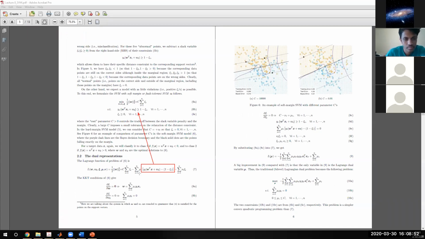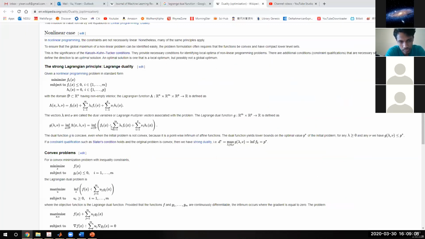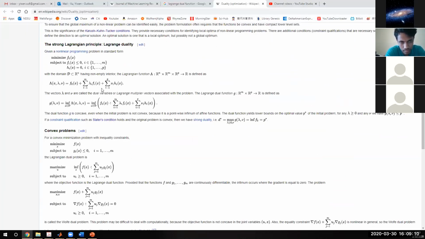The reason I use a minus mu_i is because the constraint sign here is greater than or equal to 0. Before that, we've seen it is plus, because it is less than or equal to. See it? So they're the same.